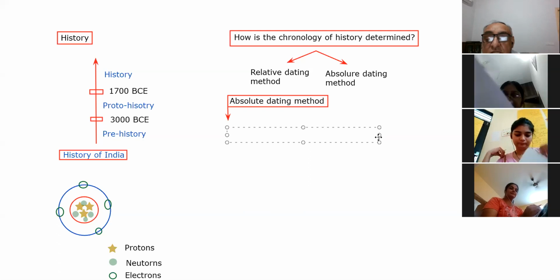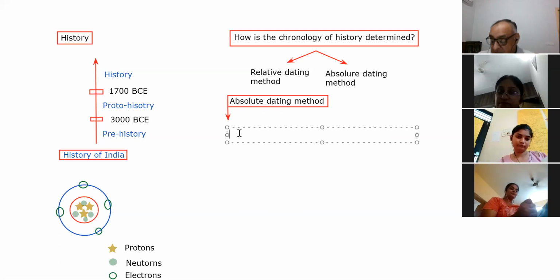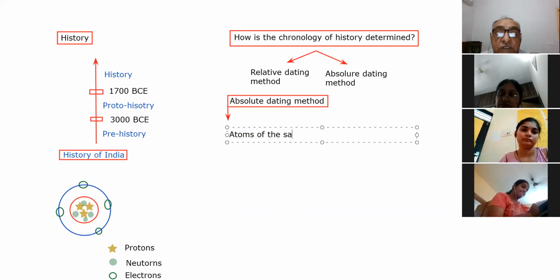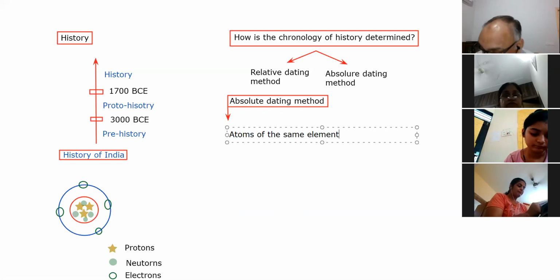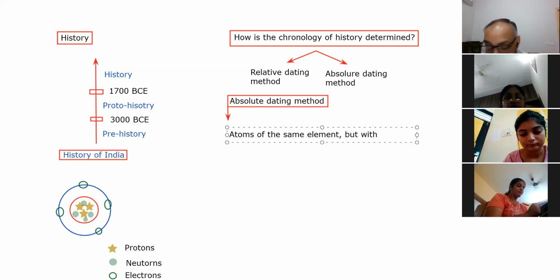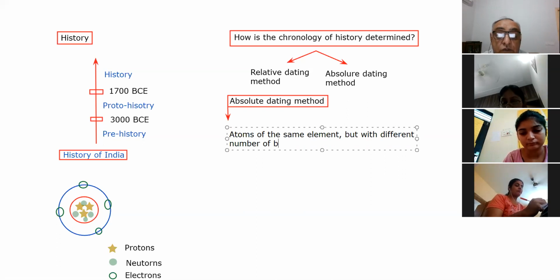Yes. So the next point is that atoms of the same element but with a different number of neutrons are called isotopes of that element. इनको हम isotopes बोलते हैं of that element.